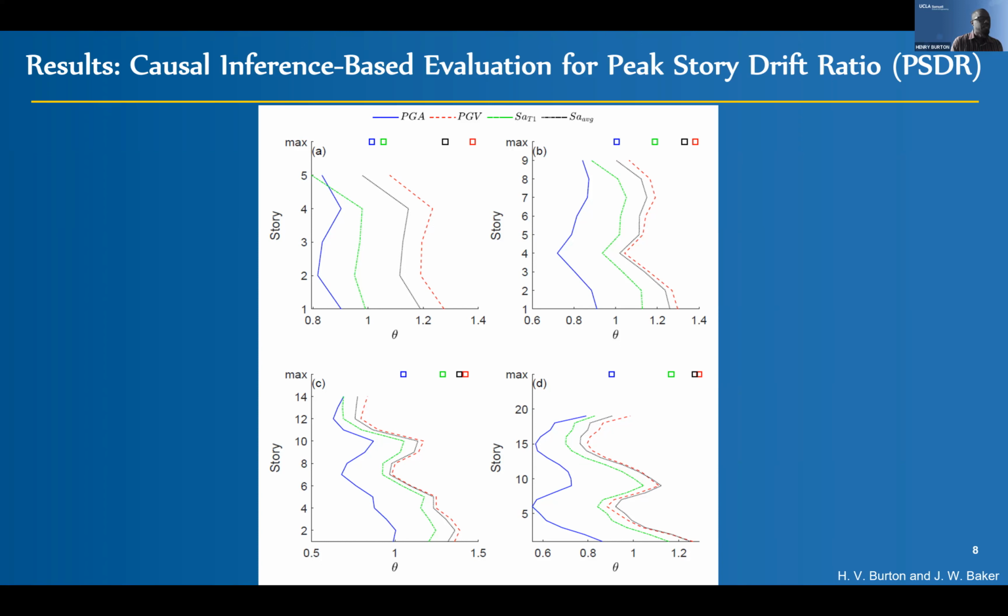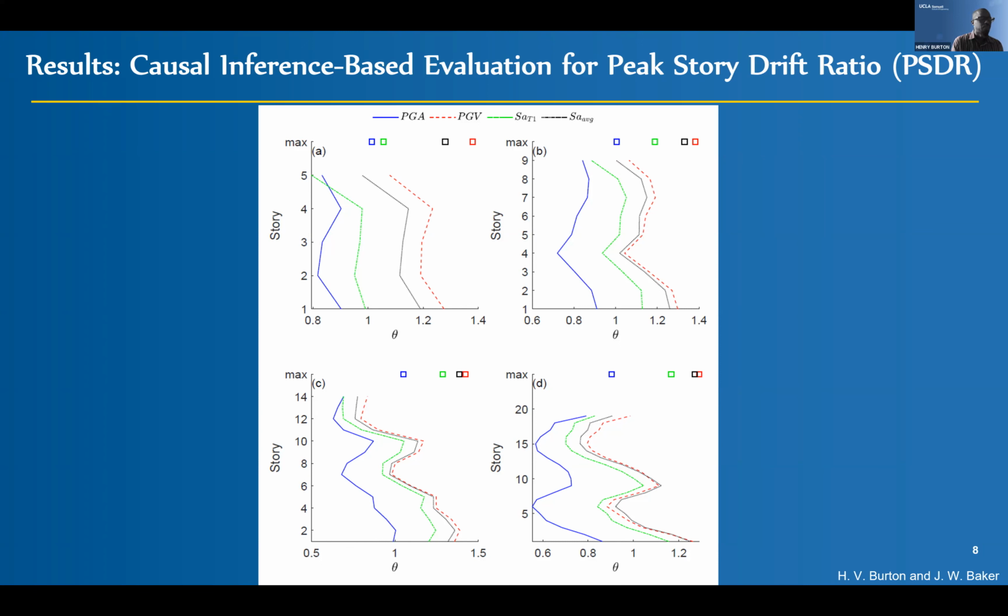There are 2 main takeaways here. First, the results are consistent with prior IM evaluation studies, where we are seeing that PGA generally has the lowest causal effect or is the worst IM for PSDR, and SA average and PGV are the best. The second is that the findings based on the maximum response over the height and full profile response are generally consistent.